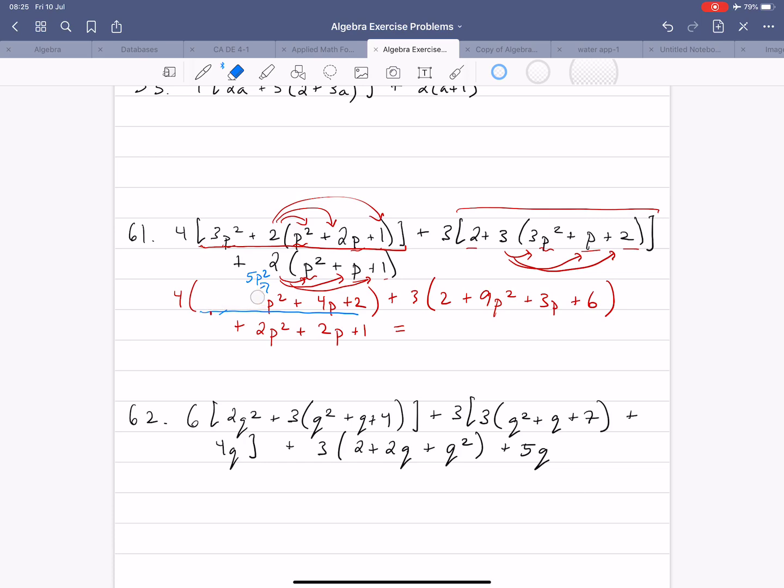So I'm going to write it that way. And then over here on the right, I'm going to combine my 2 and my 6 because those are also like terms. So that's going to give me plus 8. And then now I can distribute out my 4 to all the terms in the parentheses here, and my 3 to the terms in parentheses here, and then I can add.